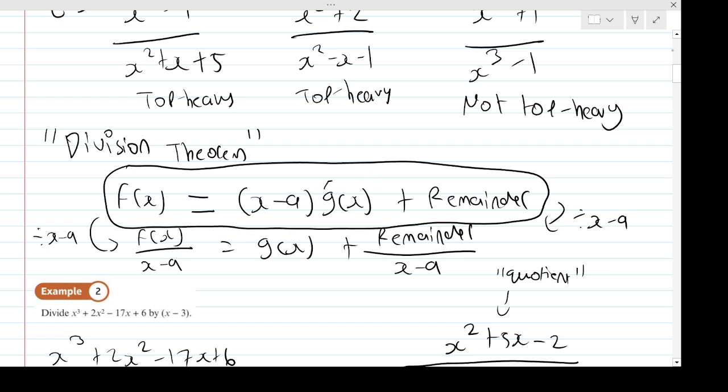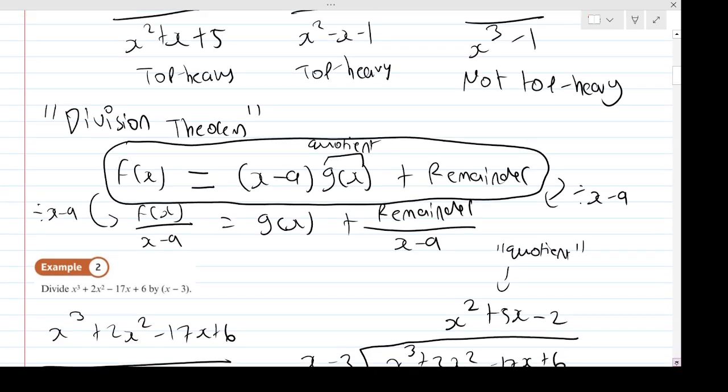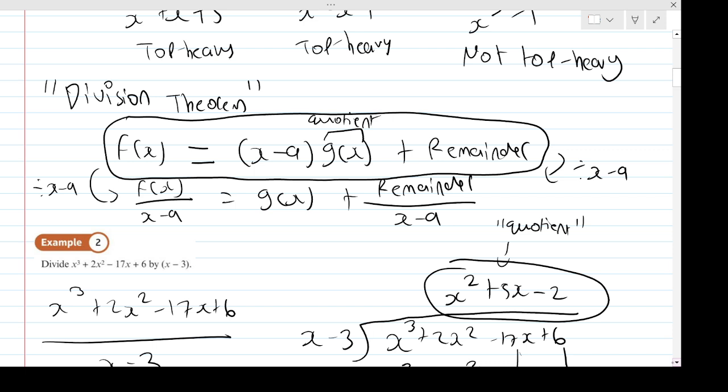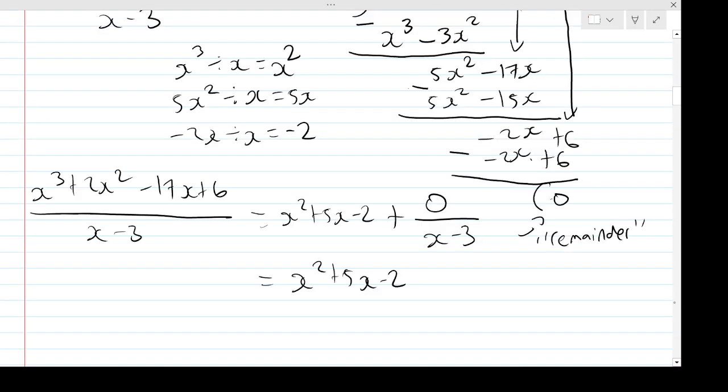Well, that turns out to be the quotient, right? That's the polynomial you get at the top of the bus stop. And then the remainder is obviously the number we get at the bottom of everything there.